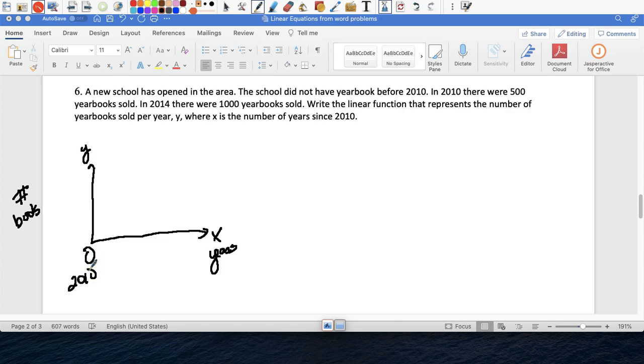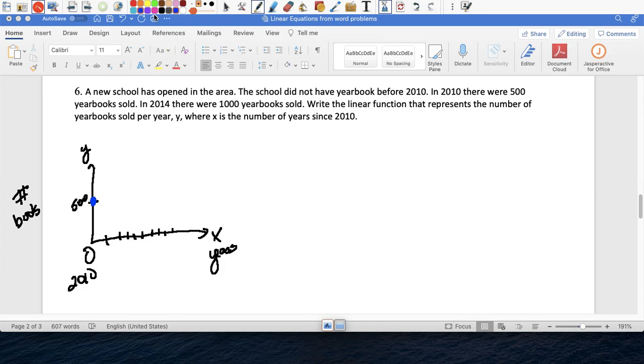You actually write 0, and this will be how many years after 2010. So 2010 equals 0. It's going to represent 0 on my number of years on my x-axis. And then in 2010 they had how many books? 500 books. So the library started like this.